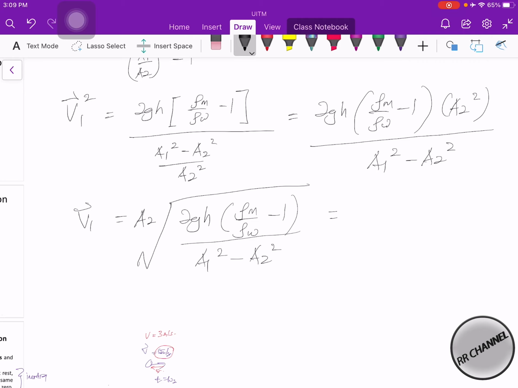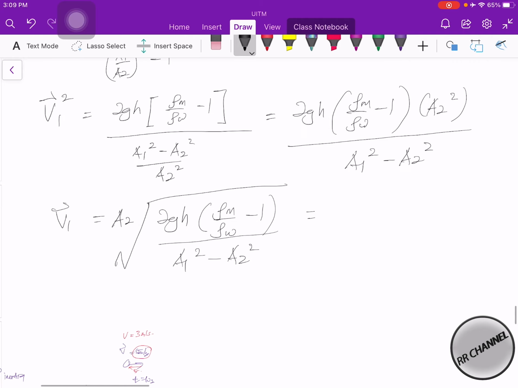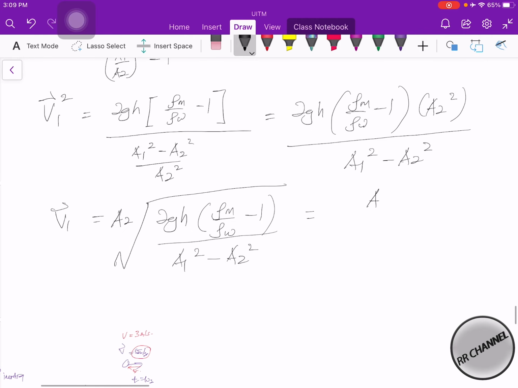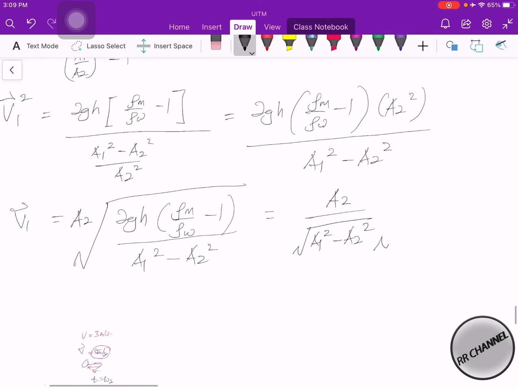Or you can spread it in terms of area: A2 over the square root of A1 square minus A2 square, times the square root of 2g h times rho m over rho w minus 1. So this is the velocity at point 1.